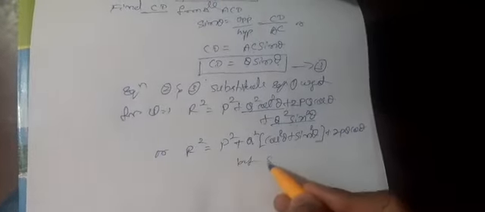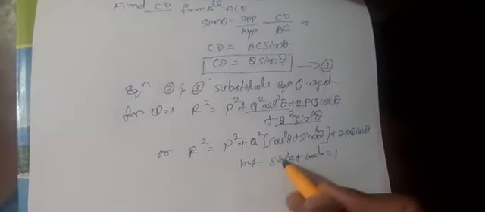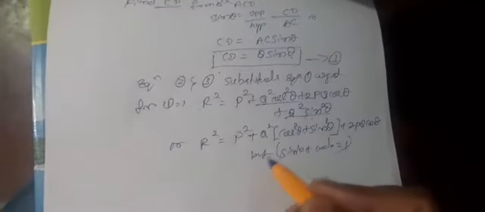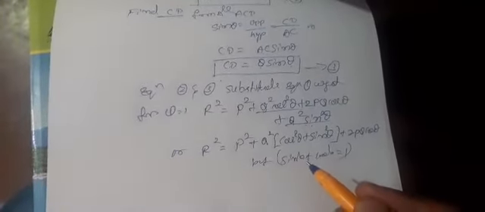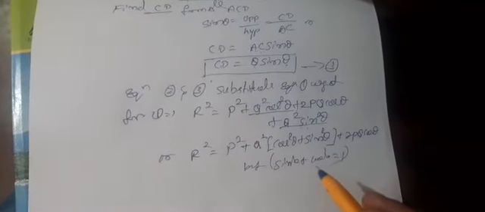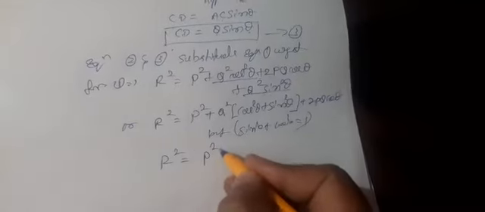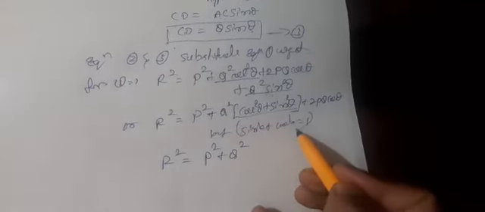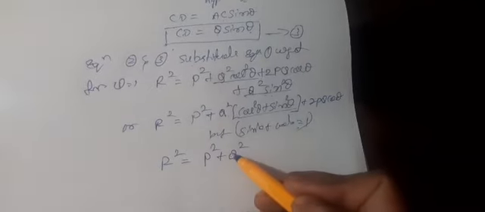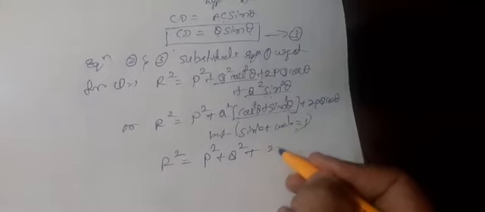But sin square theta plus cos square theta is equal to 1, that is the trigonometric formula. So R square is equal to p square plus q square, cos square theta plus sin square theta, that value is 1, 1 into q square is q square, plus 2pq cos theta.